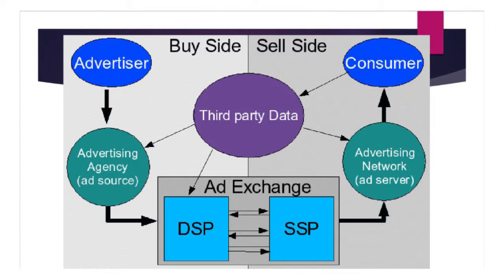This is still happening, but what that results in is lack of transparency for the advertiser. You don't know what inventory you're buying, and you end up paying for it three or four times, depending upon who's buying from who. So what an ad exchange does is aggregate demand on one side and supply on the other, and it minimizes the sort of buying.